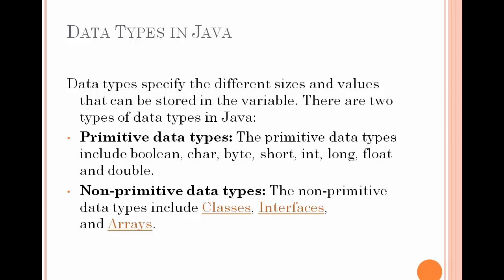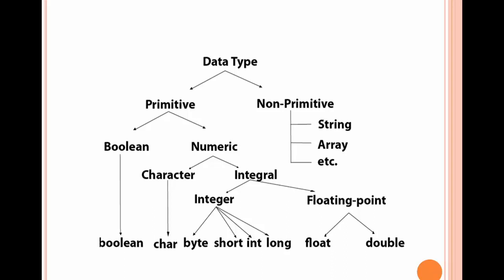Primitive has boolean and numeric, whereas non-primitive has string, array, interfaces, classes, etc. So let's see about the data types and the variables in the next classes.